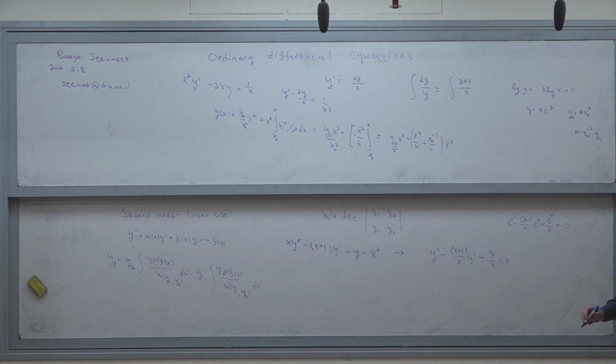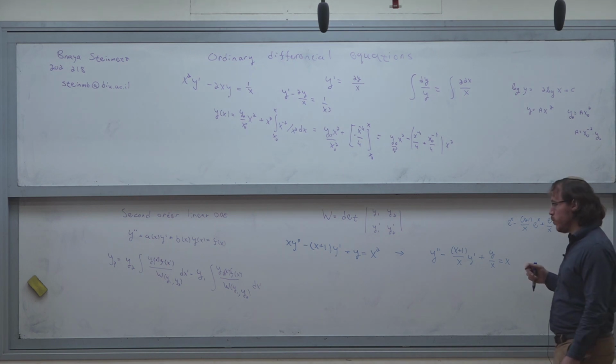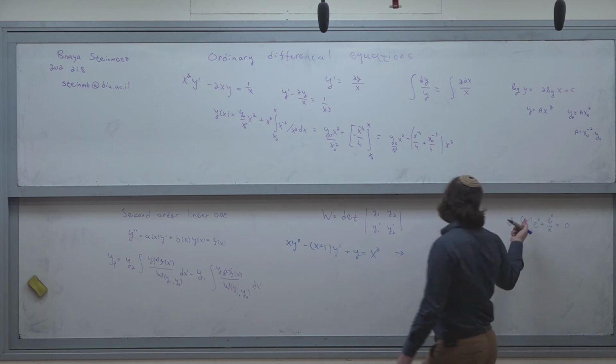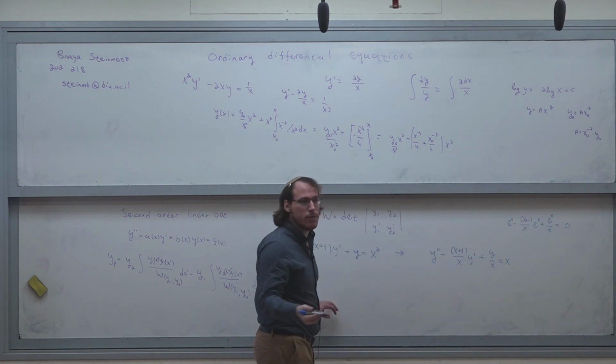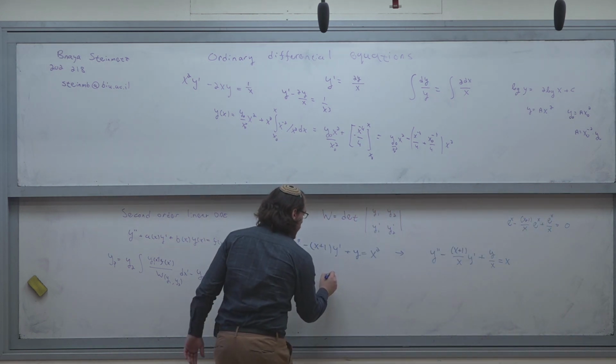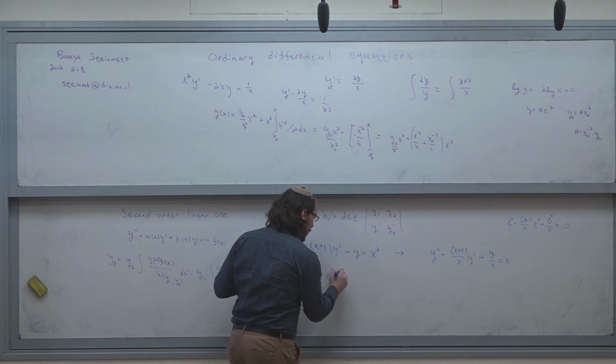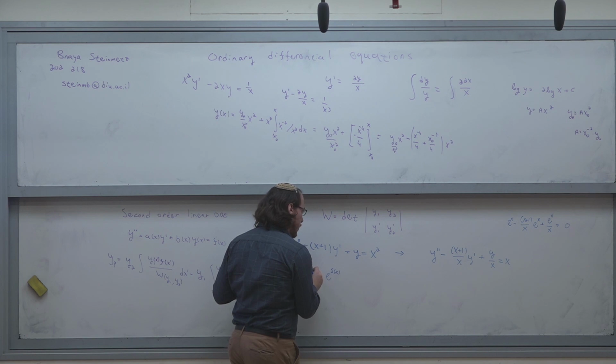If you, of course, don't know that it would be exactly e to the x, you can always try e to the s of x. This is a guess that can give you intuition on what is going on. So if I didn't know that it would be e to the x, I would try something like e to the s of x.